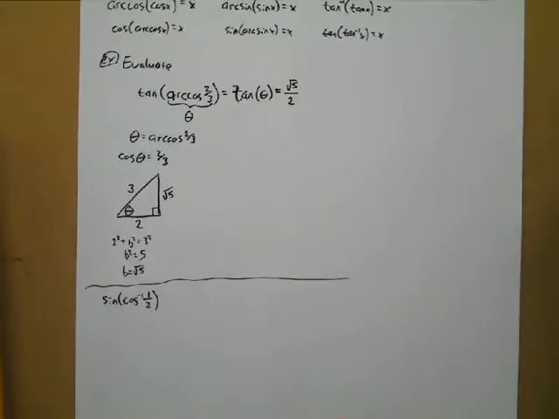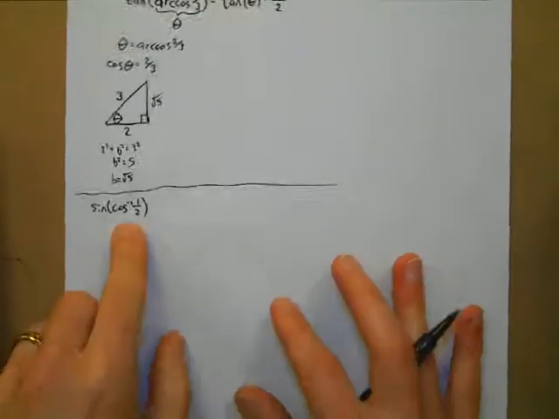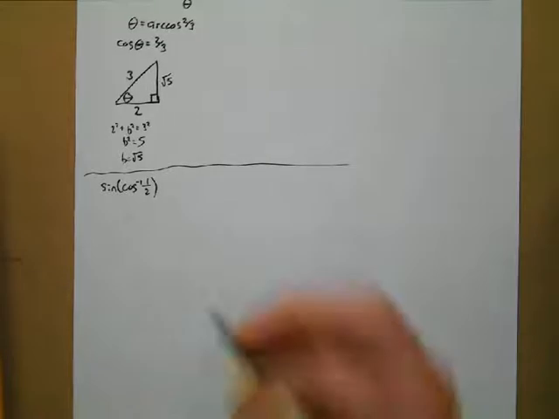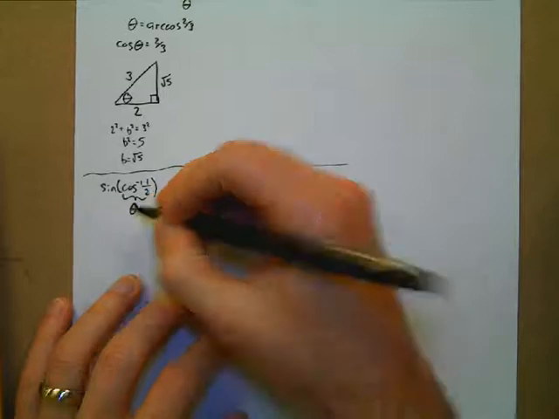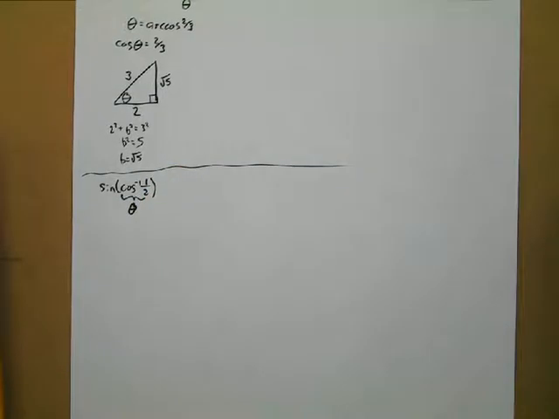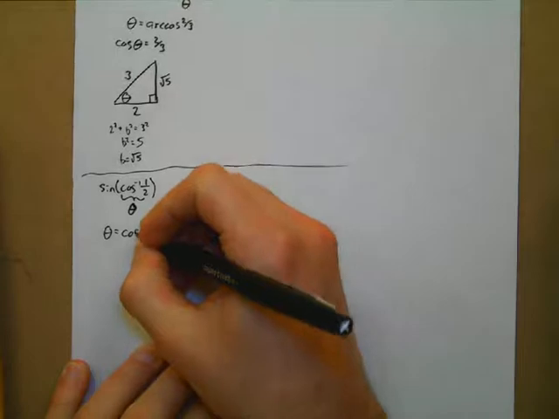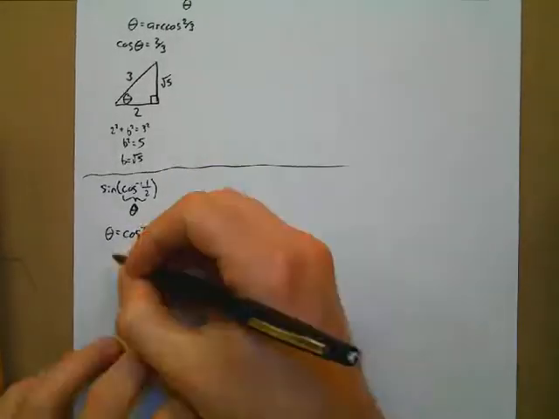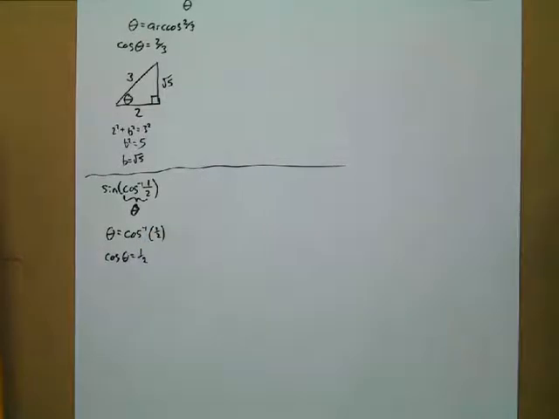Which means then that cosine of theta will equal 1/2. If we take cosine of both sides, we get cosine of theta is 1/2. And again, we get a right triangle we can set up here. There's theta. Cosine is adjacent over hypotenuse. We're going to get 1 plus b squared equals 4, so b squared equals 3, and so b is the square root of 3.